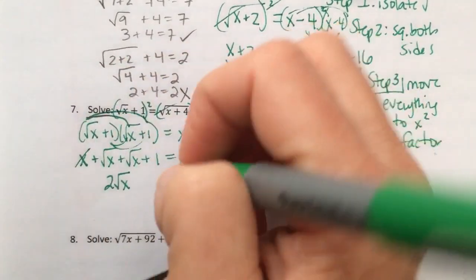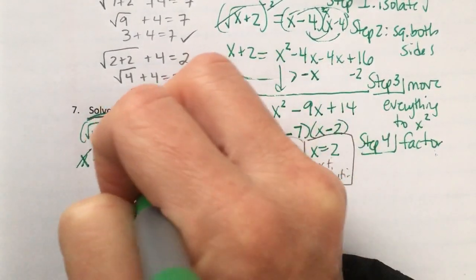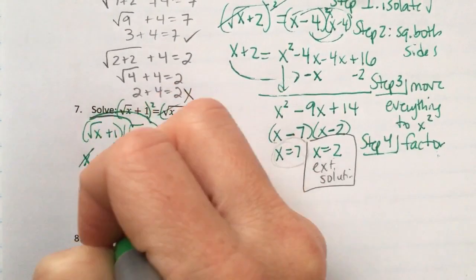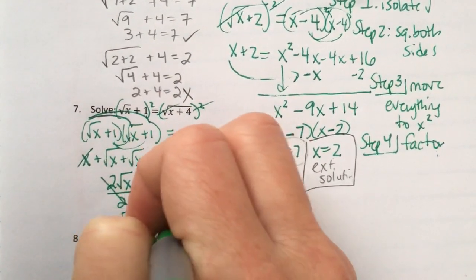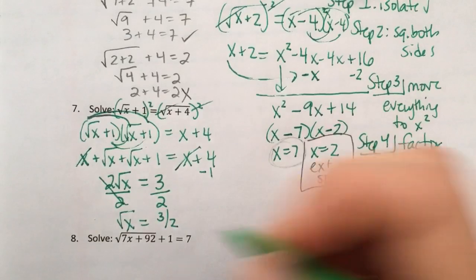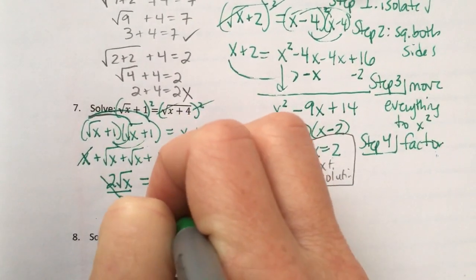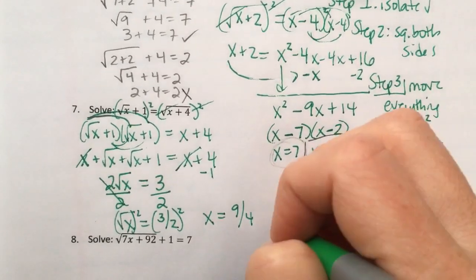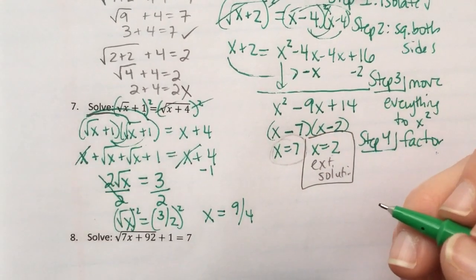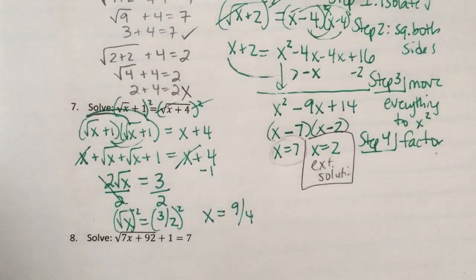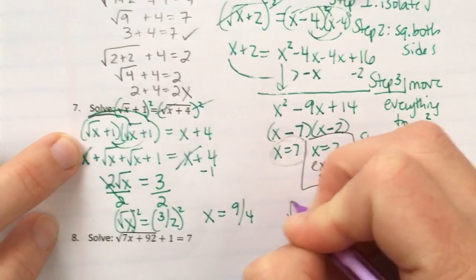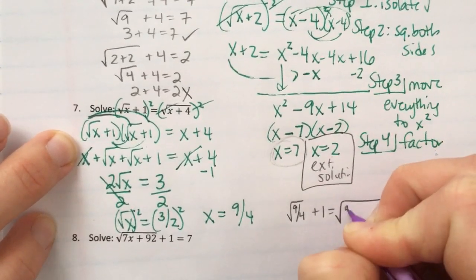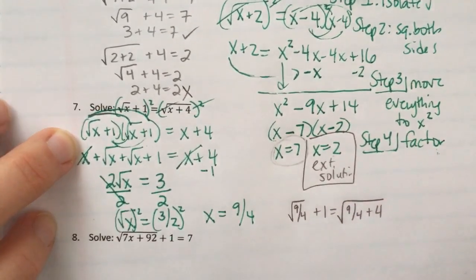I'm combining like terms. Move the 1 over, which gives you 3. Divide by 2. The square root of x equals 3 over 2. Still not done. And then I square both sides. So x equals 9 over 4. Or you could put the decimal. Either one is fine. All right, let's check that answer. So I'm going to plug it back in. The square root of 9 over 4 plus 1 equals the square root of 9 over 4 plus 4.